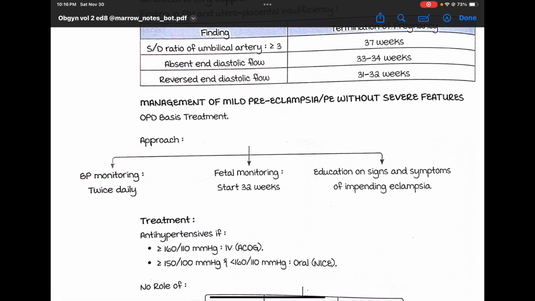Management of mild preeclampsia without severe features. That is OPD basis treatment.